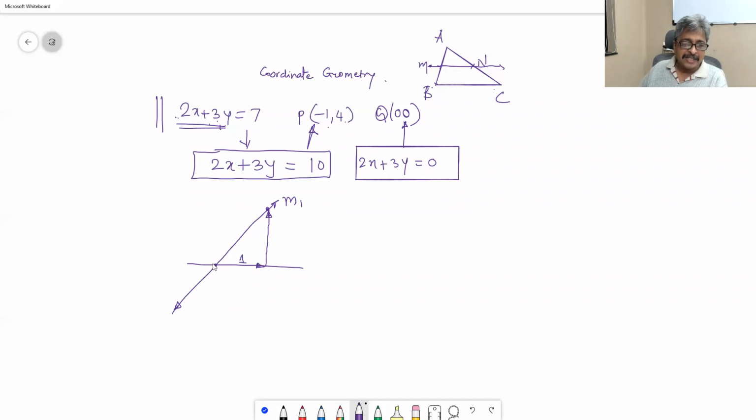Let me name the points A, B, C. Which distance is actually going to be m1? CB is going to be m1, yes or no? Because CB upon AB is the slope.